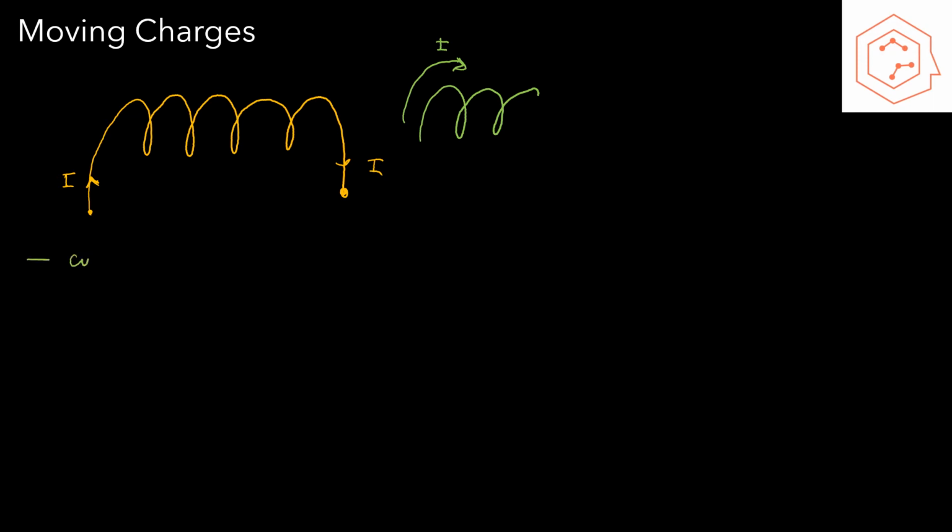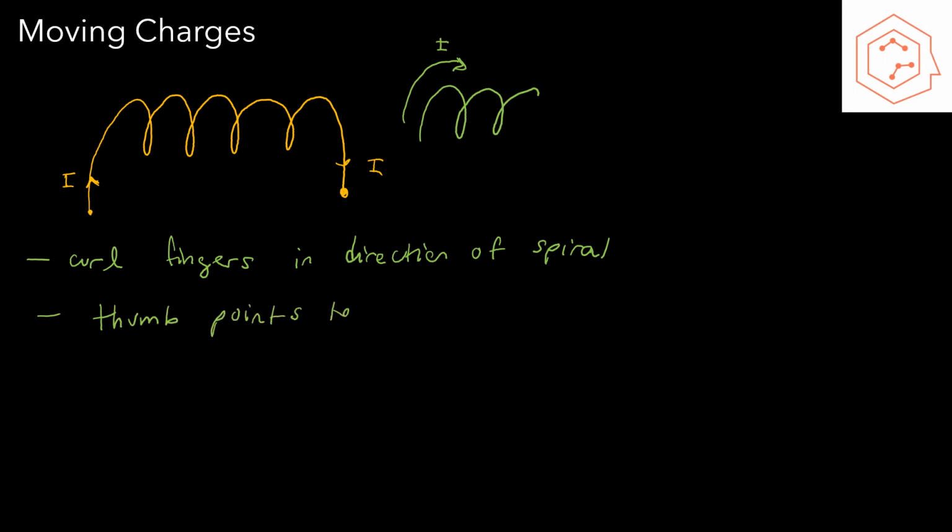To find the direction of this magnetic field, we curl our fingers in the direction of the spiral curls. And then your thumb is going to point in the direction of the north pole. And of course, this is for your right hand.